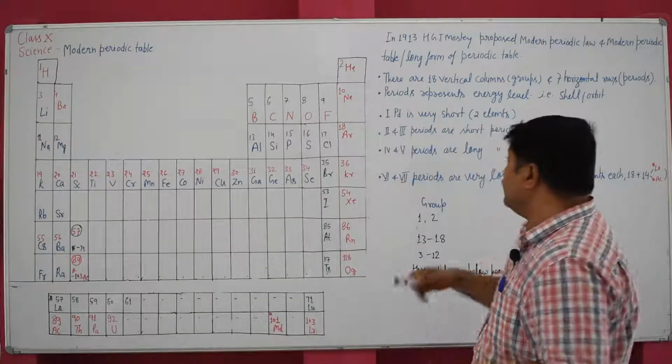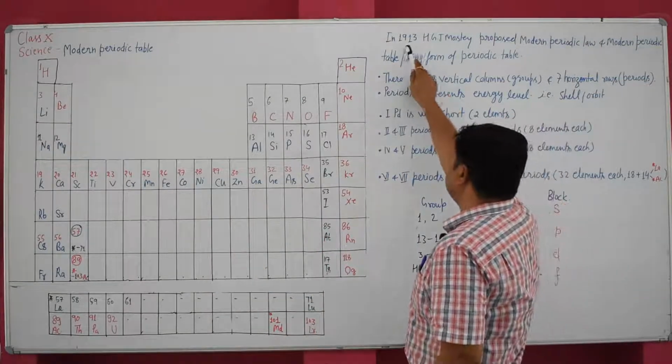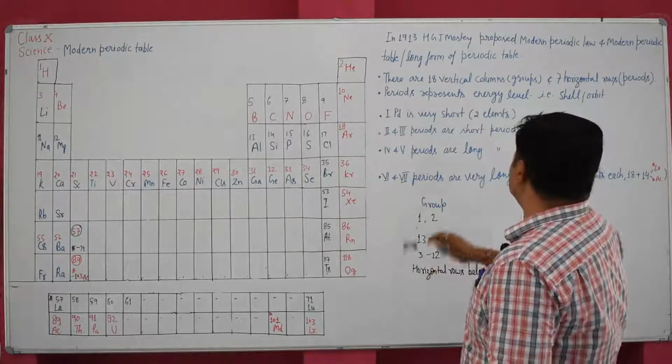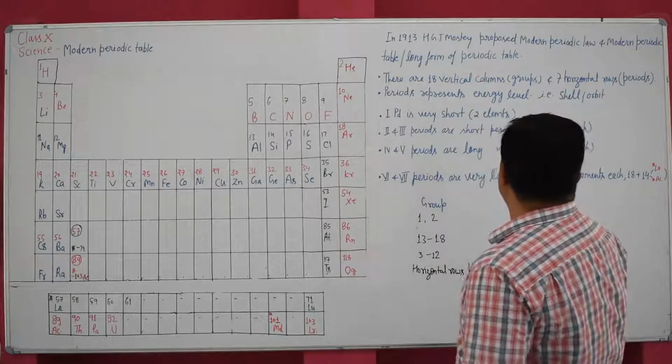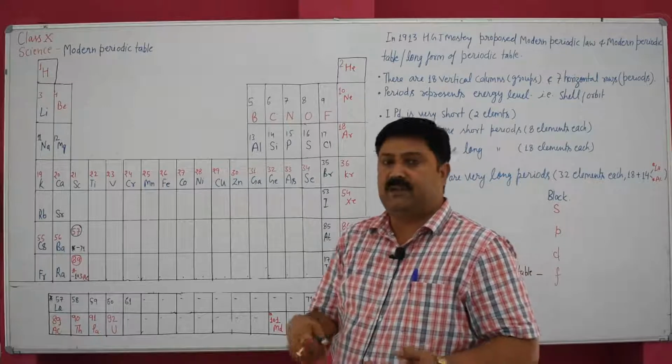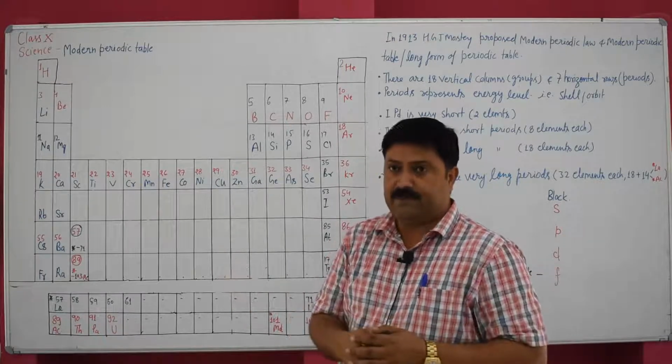But in 1913, H.G.J. Moseley proposed the modern periodic law and the modern form of periodic table, or long form of periodic table.